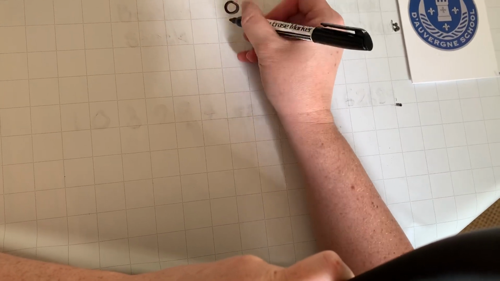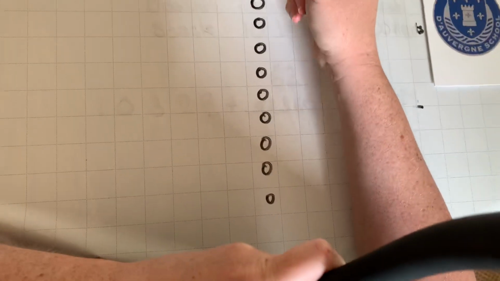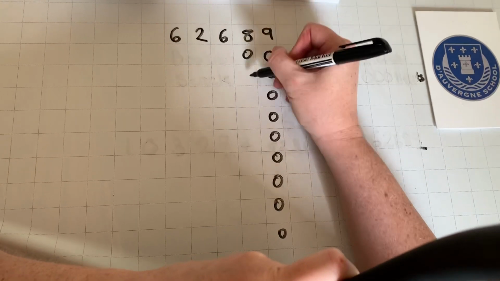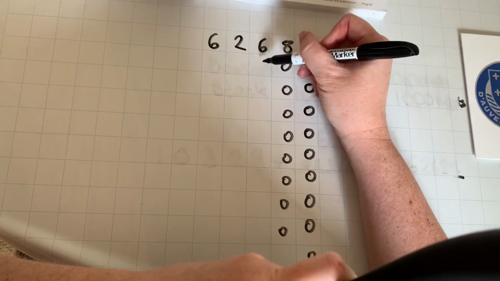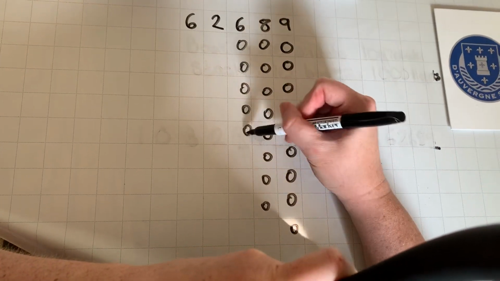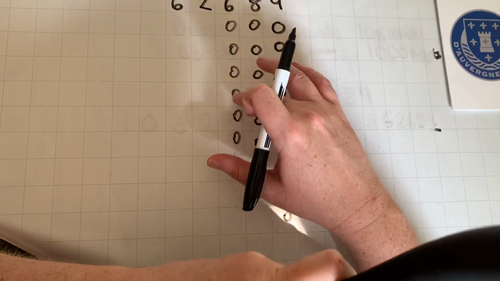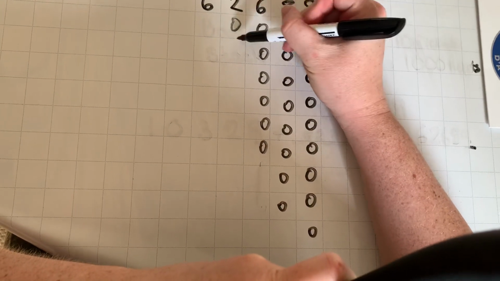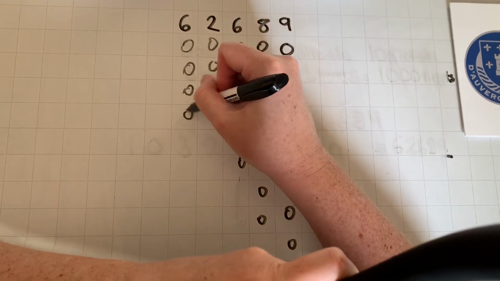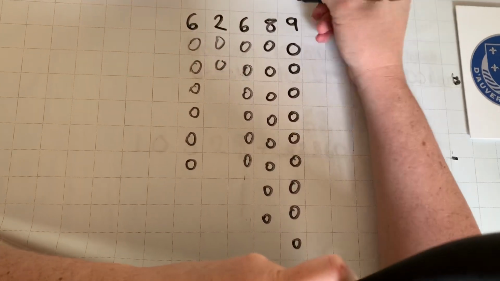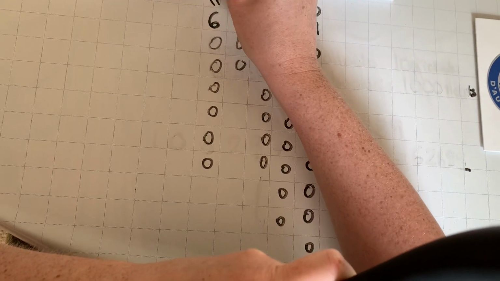So we'd have 9 counters here. 1, 2, 3, 4, 5, 6, 7, 8, 9. 8 counters here. 1, 2, 3, 4, 5, 6, 7, 8. 6 counters here. 1, 2, 3, 4, 5, 6. 2 counters here for our thousands, and then 6 for our 10,000. 1, 2, 6. Okay, so we have our ones, our tens, our hundreds, our thousands, and our 10,000s.